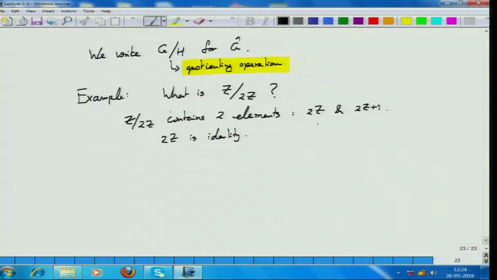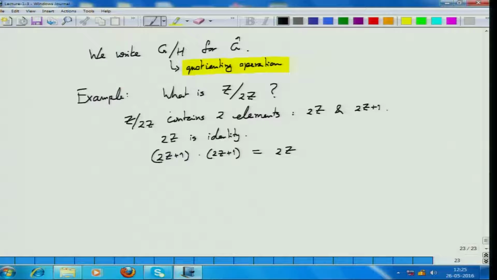We only need to look at the definition of the new operation on 2Z plus 1 itself, because 2Z is identity, anything that you operate 2Z with, you get back that element. So, what is 2Z plus 1 dot 2Z plus 1? It is 2Z, right? Everything else is defined already. So, that completely describes this group Z by 2Z.